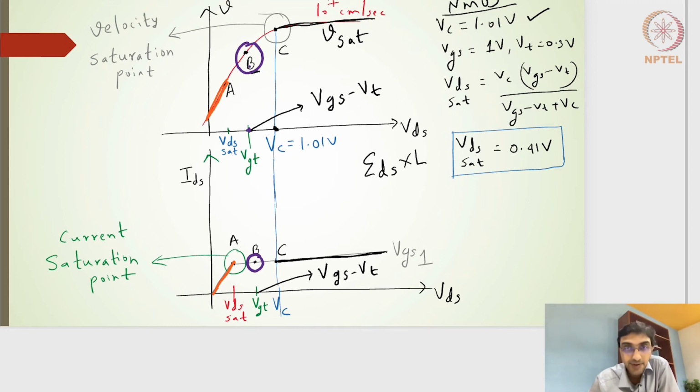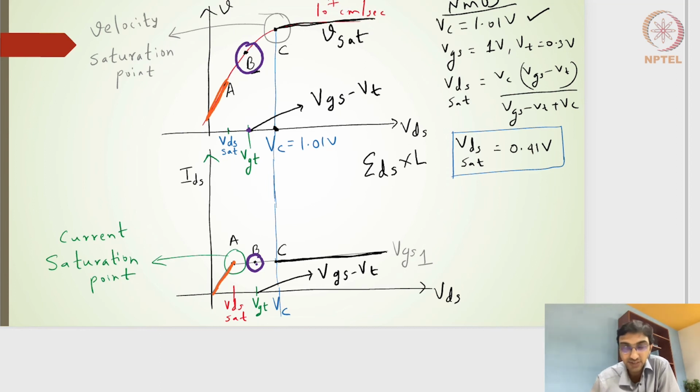At point B the velocity is still a linear profile, which means that if I increase the VDS value, or the lateral electric field, the velocity is going to increase linearly. But the transistor has already reached the pinch off region, VGS minus VT.